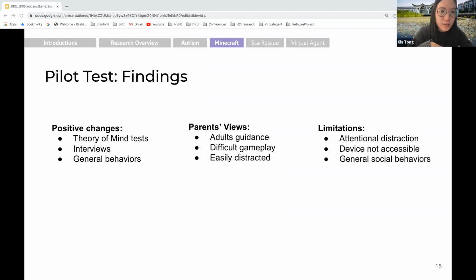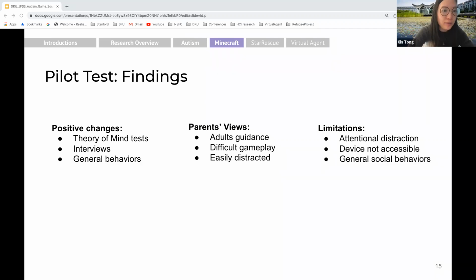As for the limitations of this work, there are problems with attracting attention and maintaining it in the collaborative tasks. We also found that even laptops are not fully accessible for all the families. They sometimes need to borrow one or share it with other people.